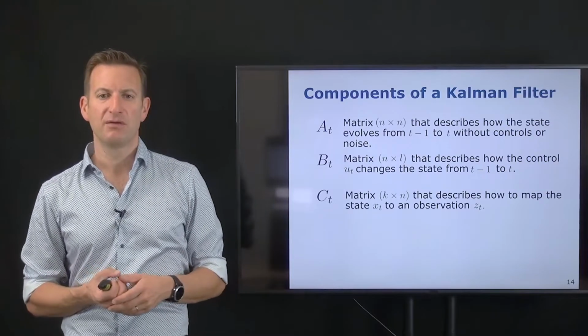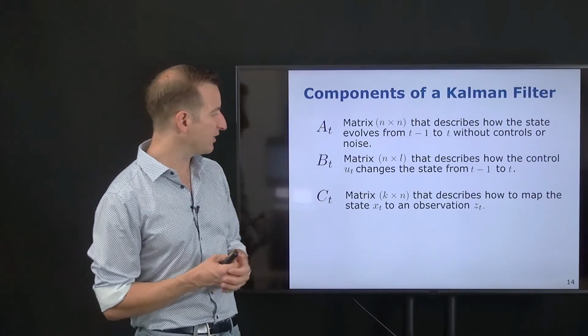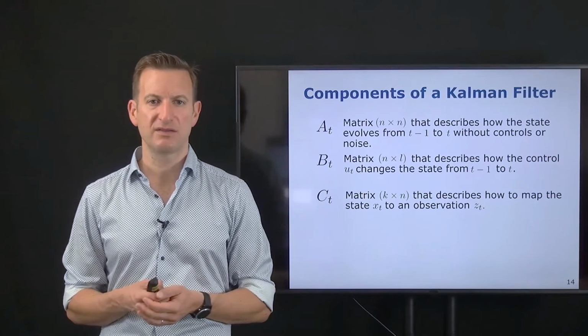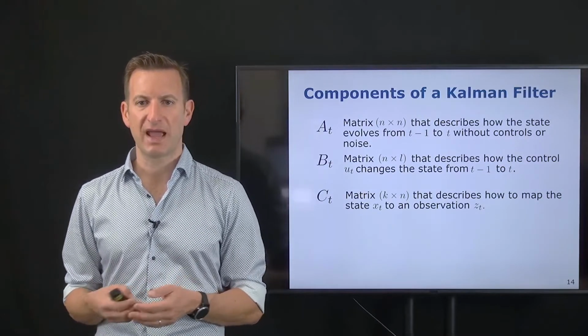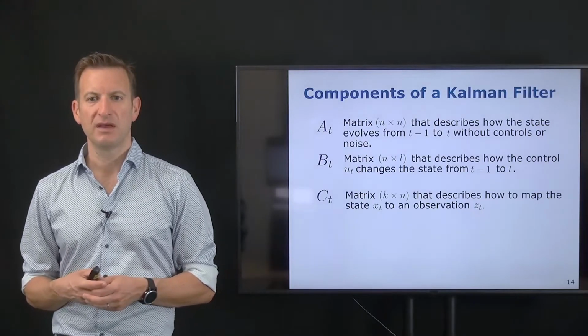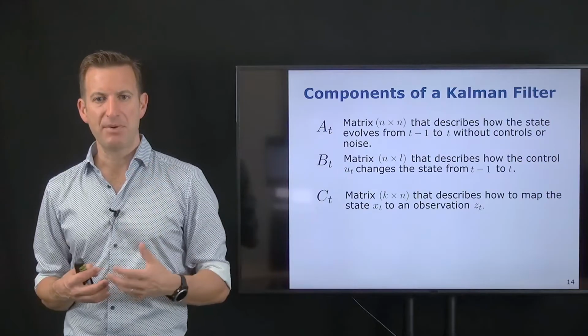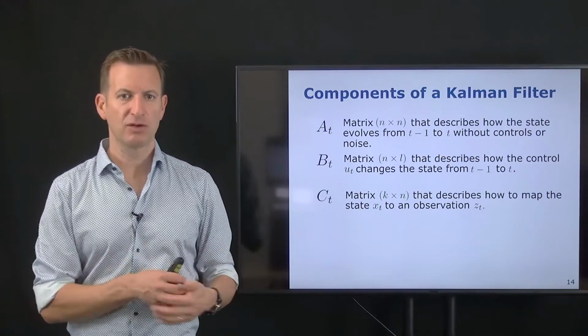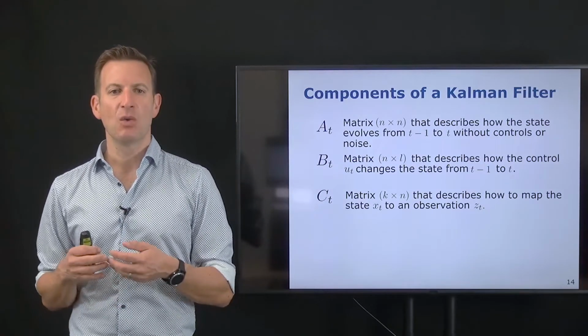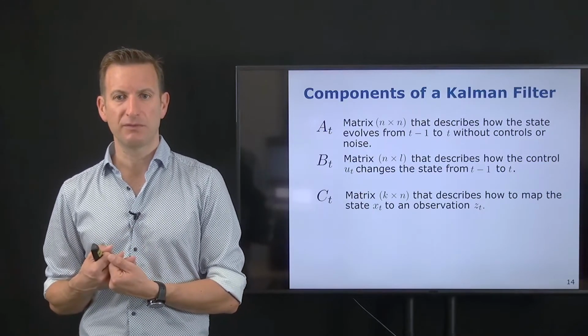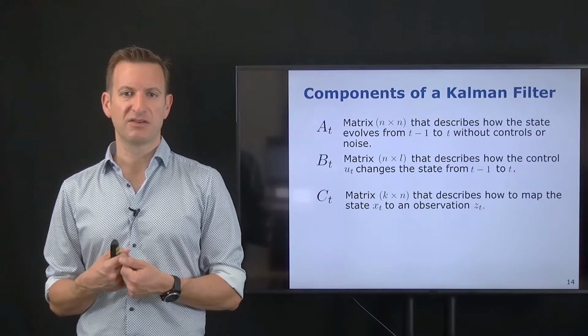And then for the correction step, we need this matrix CT, which is a K by N matrix. K is the dimensionality of my observation and N is the dimensionality of my state space. It basically tells me how I can map the current state into an observation, that is, what I expect to observe given that I'm in the state xt.